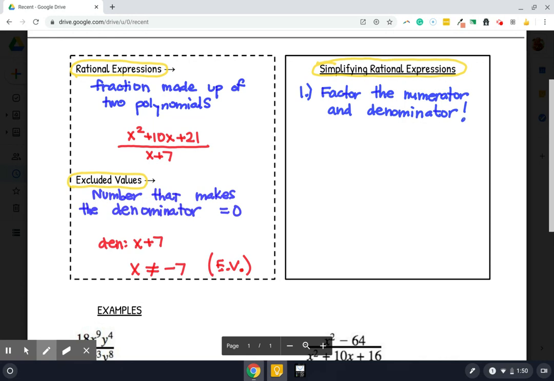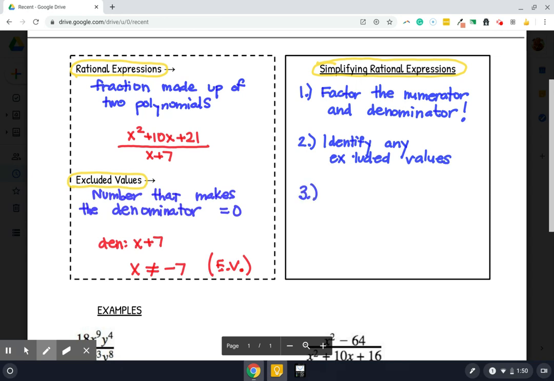The next thing, step 2, identify any excluded values. We have to identify anything that's excluded before we can get going too far with step 3.